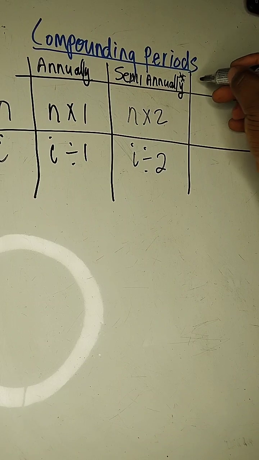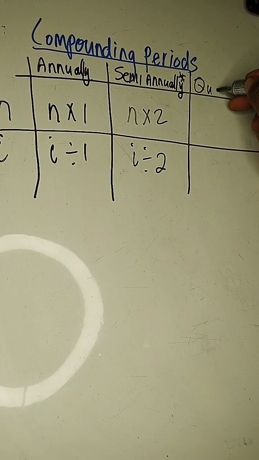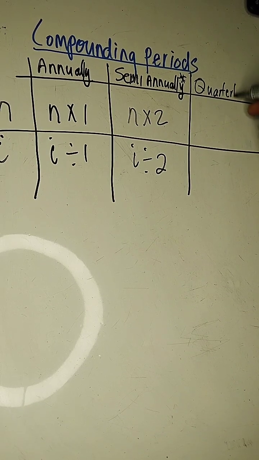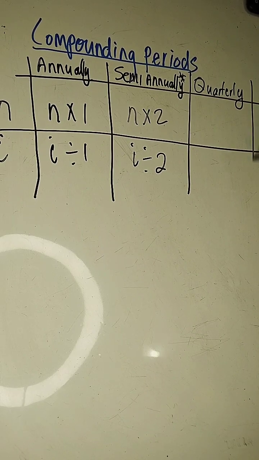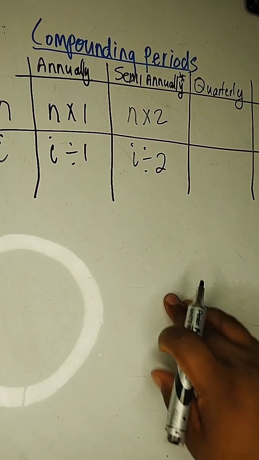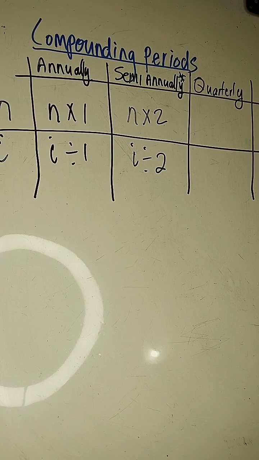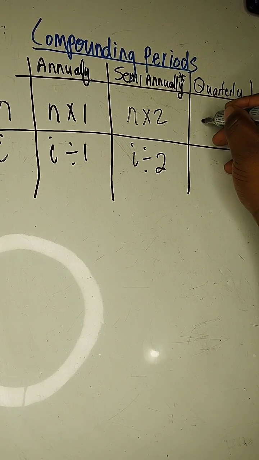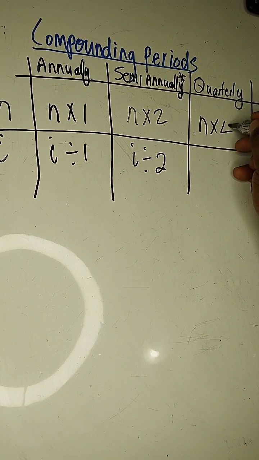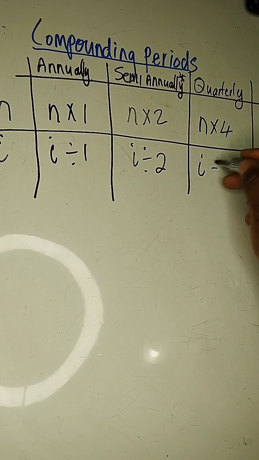Then you continue. We have quarterly. We know that quarterly is one of the confusing ones. How many quarters do we have? We have 4 quarters in a year. So N will be multiplied by 4 and I will be divided by 4.